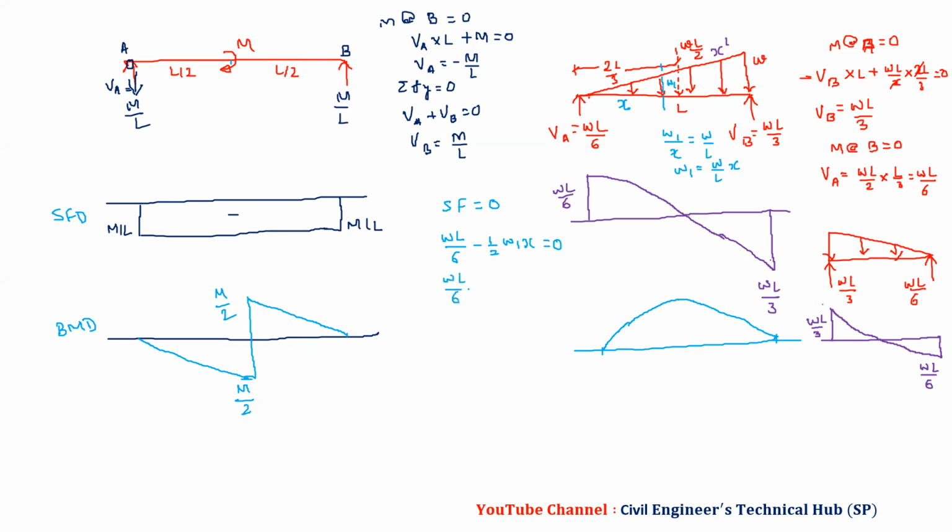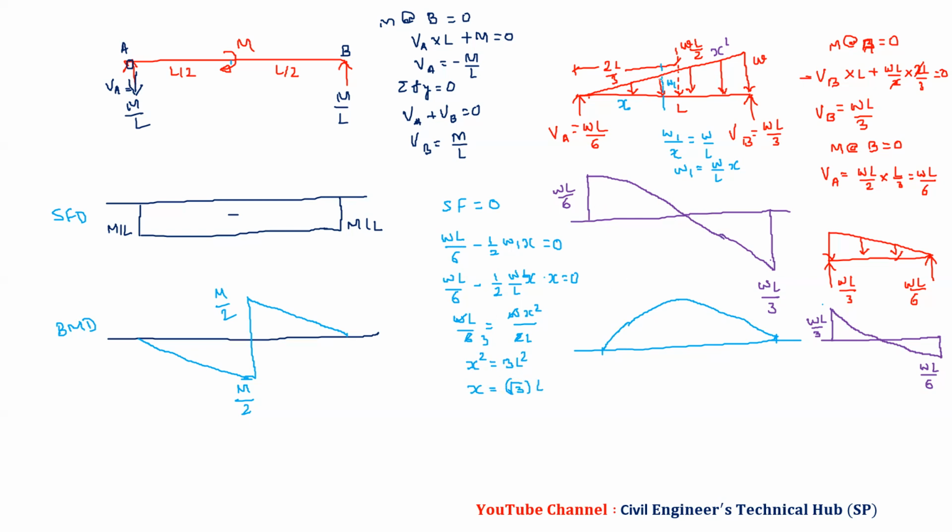So WL by 6 minus 1 by 2 into W by L into x equal to 0. From this we have WL by 6 equal to Wx square by 2L. W gets cancelled, 2 3s are 6, and we have x square equal to L square by 3, and x equal to L by root 3. And then at that point, you have to go for bending moment.